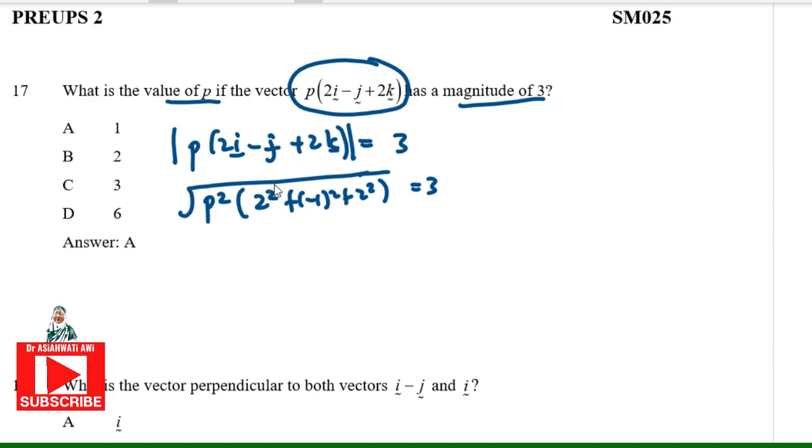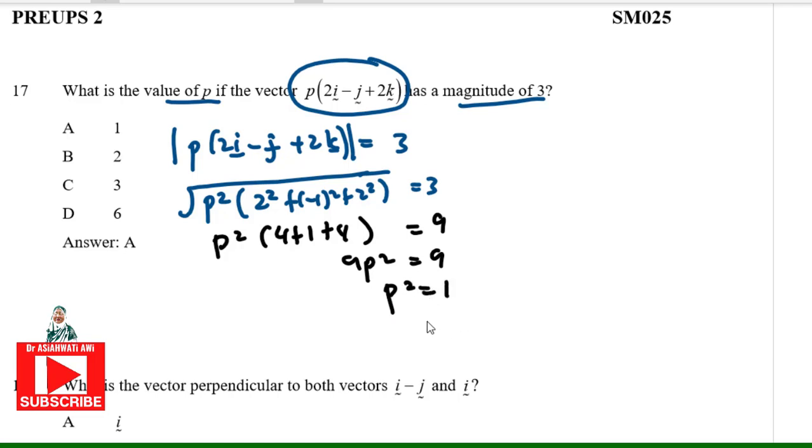Get rid of the square root by squaring both sides: P squared plus 4 plus 1 plus 4 is equal to 9. P squared is equal to 1. P is equal to plus or minus 1. P is equal to 1. The answer is A.